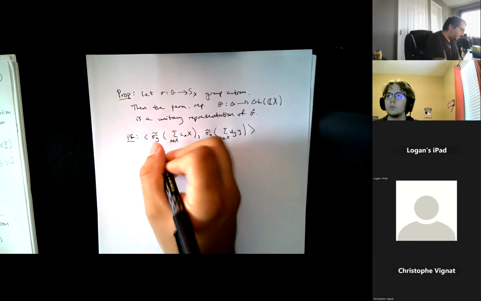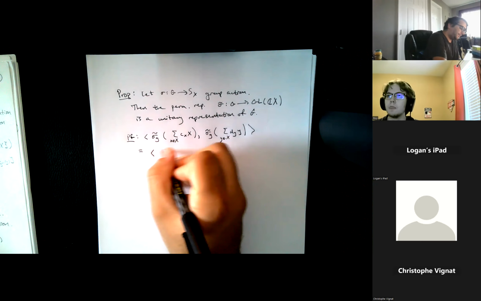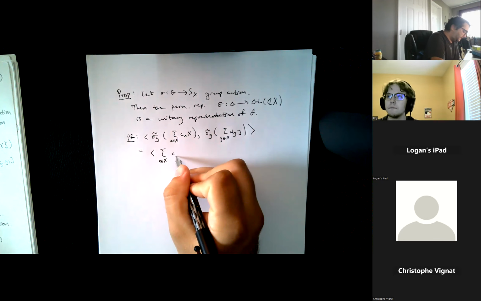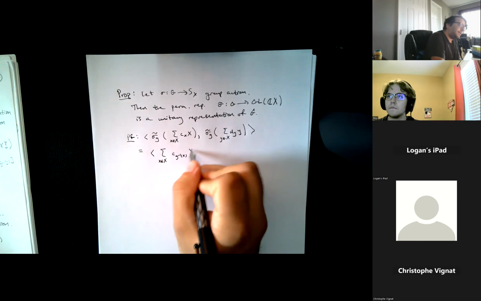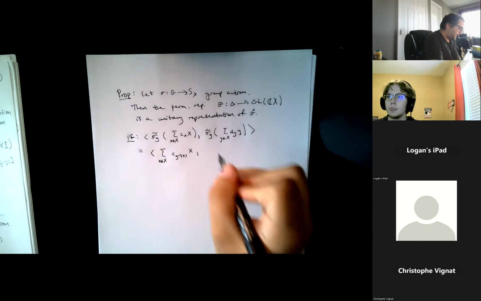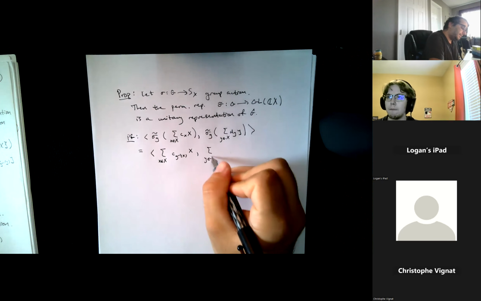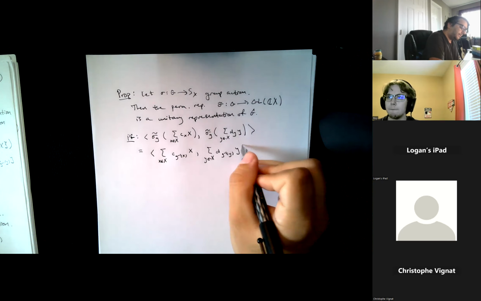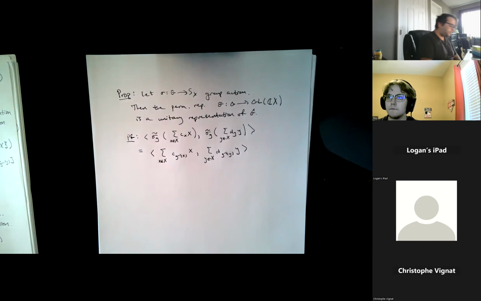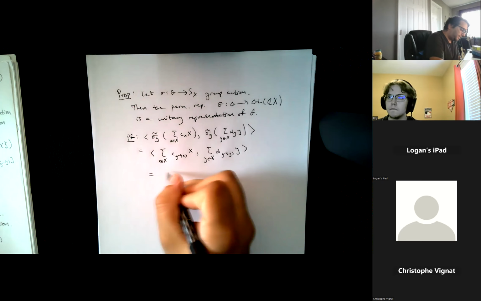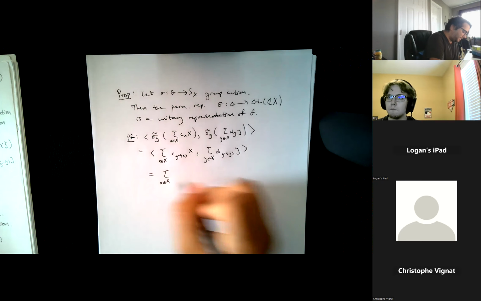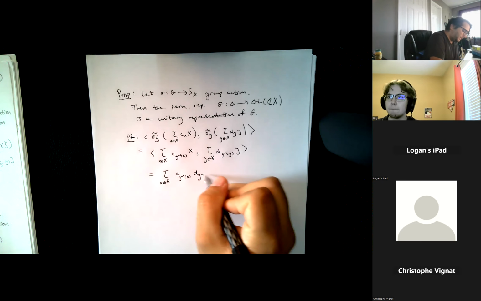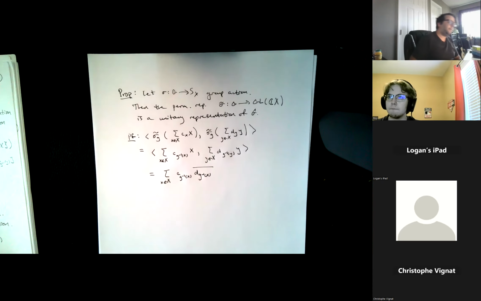Well, the definition of this, remember we can write this as the sum over x in X of c of g inverse of x, x, and the sum over y in X of d of g inverse of y, y. And this inner product is the sum over x in X of c of g inverse of x times d of g inverse of x complex conjugate.